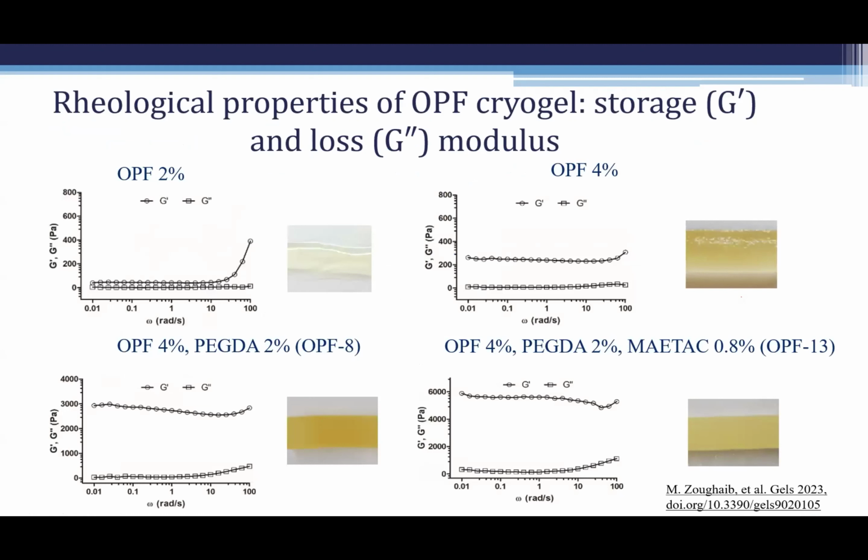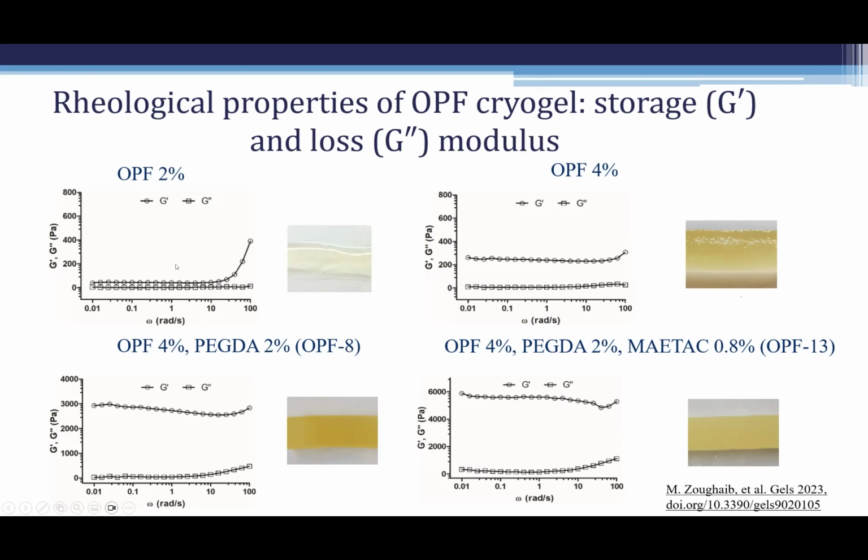First is the synthesis of the cryogels. Different compositions have been tested and analyzed, and mechanical properties were tested to select the best composition and the best concentration of MyAttack monomer to be added. On this slide, you see the rheological properties of gels which contain different concentrations of OPF, 2% and 4%.